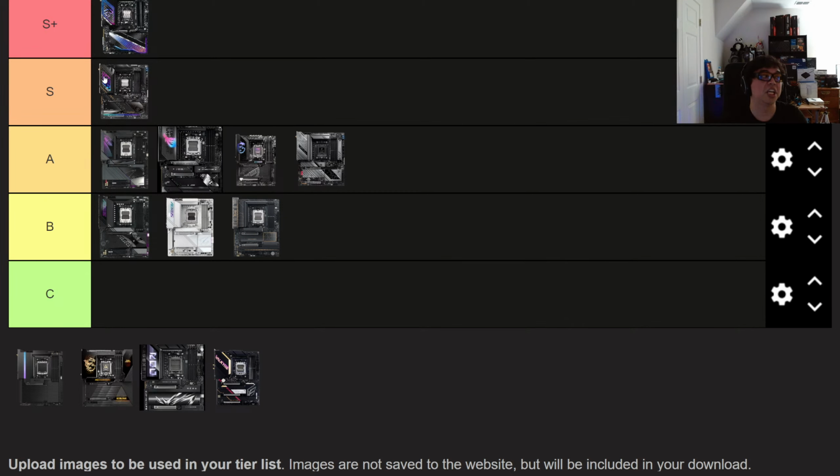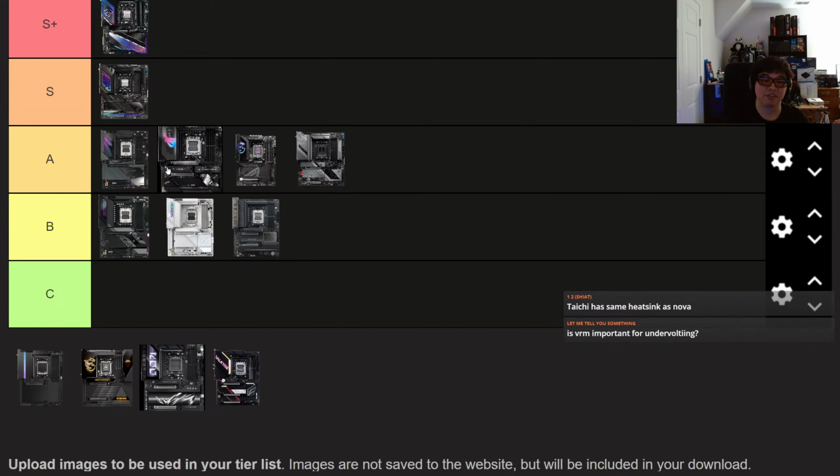It is an EATX board, which means it has more surface area for cooling on the M.2 and the VRM. So it is a beast of a motherboard at the end of the day, and it is $50 less than the other 3 in the same category. So it's cheaper while offering more. It just gives you more for less money.